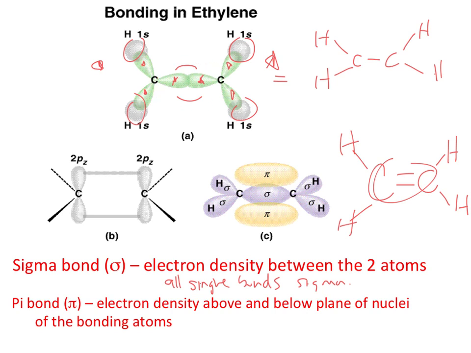However, on each carbon atom, we also have an unhybridized p orbital. It's hanging out on that central atom, so the electron density that's present there is able to overlap in a non-head-on way. Basically, it's overlap that's occurring across a distance.